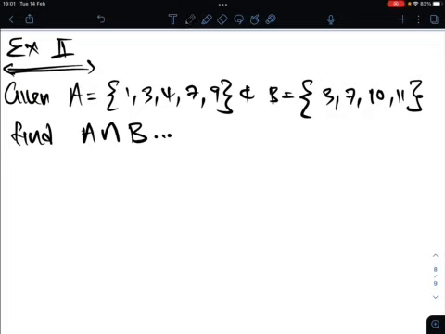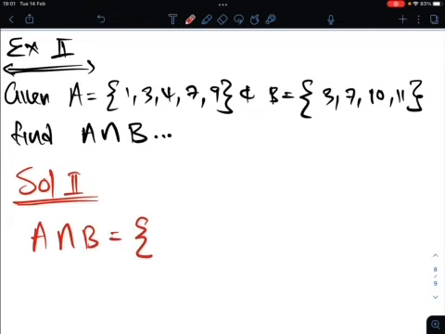So how will you go about finding the intersection? You say, what is A intersection B? To find it, you simply look at the things that are common. What are the things that are common? We see this 3, which is this 3. We see this 7, which is this 7.